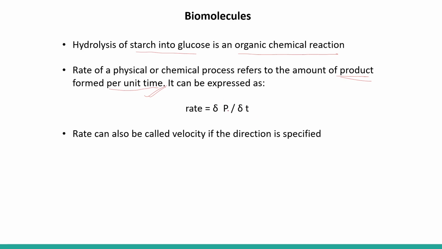It is denoted by delta P, the amount of product formed, in a unit time, denoted by delta T. That gives you the rate of a physical or chemical process. Rate can also be called velocity if the direction is specified.